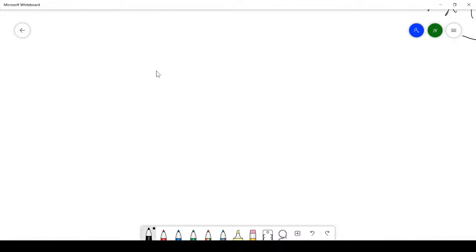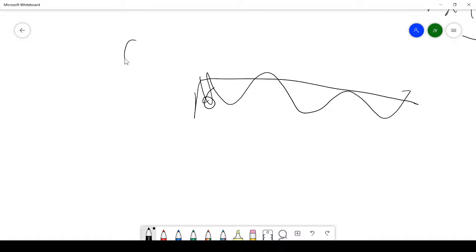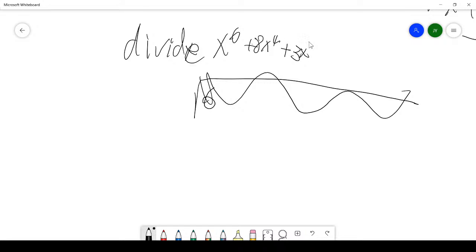One of the most drastic, longest ones I saw was like, the question was divide x to the sixth plus x to the fourth plus... This is the longest one that I had.